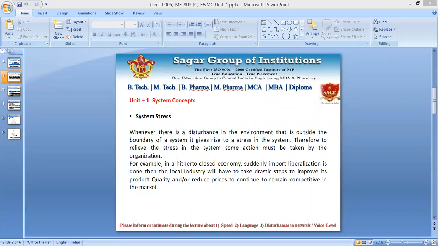to relieve these stresses, we need to take certain actions quickly, very quickly. See, when we are dealing with a business, or rather, since we are mechanical engineers, we talk more about manufacturing. So in manufacturing, if we consider our factory as a system, we have many external sources.